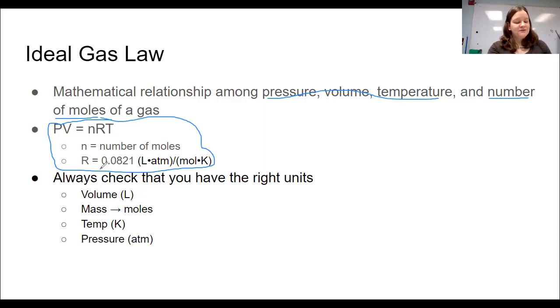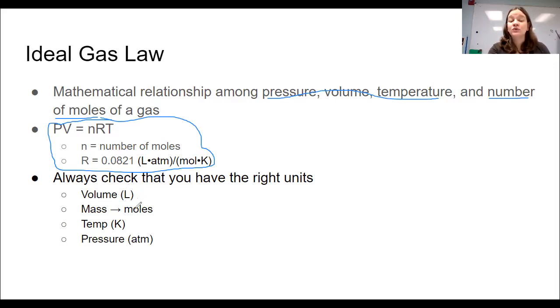It can be measured in several different ways based on your units, and there's a chart in your book that shows you all of those. The one we are going to use is that R is equal to 0.0821. In order to use this value for R, you have to have your volume in liters.